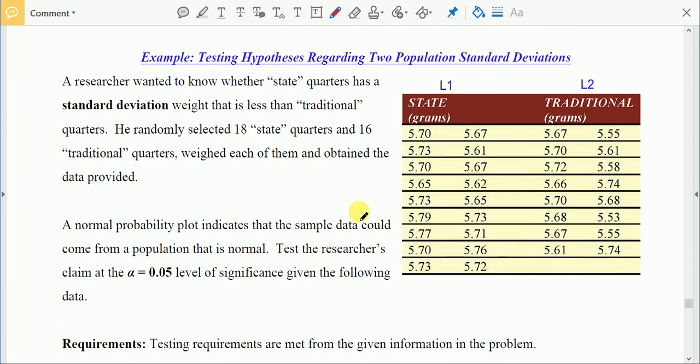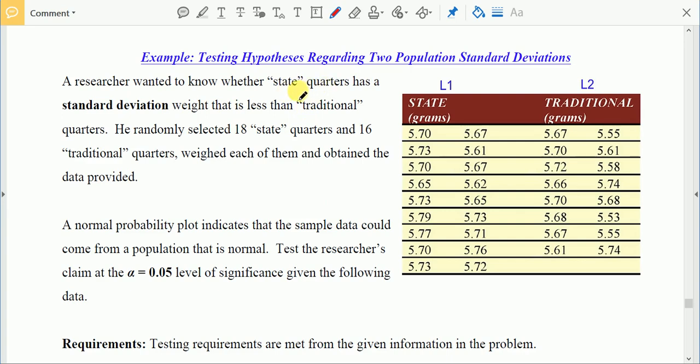Okay, so let's try the very first example. We use the same example from the last video. A researcher wants to know whether the state quarters have a standard deviation of weight that is less than the traditional quarter.